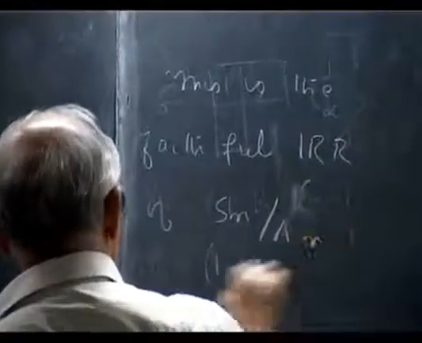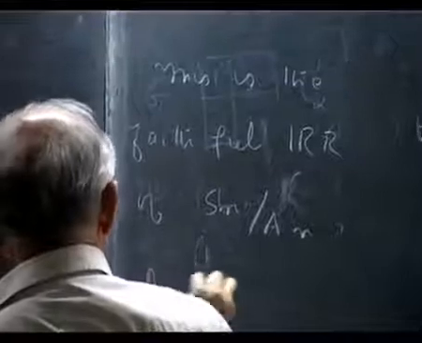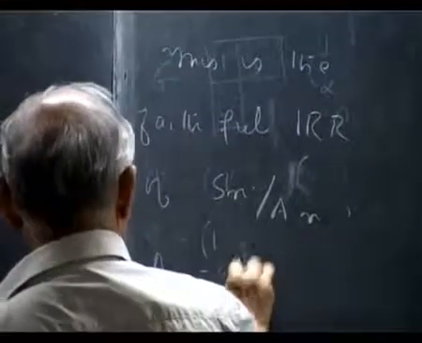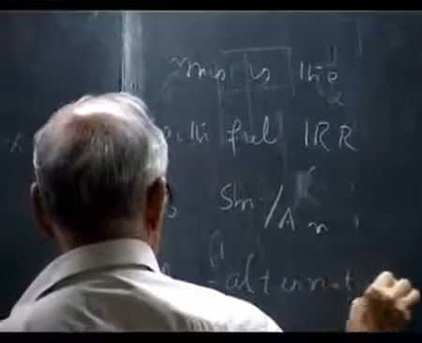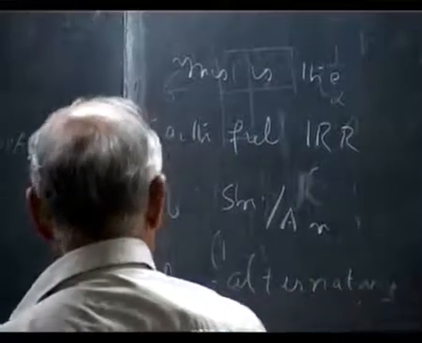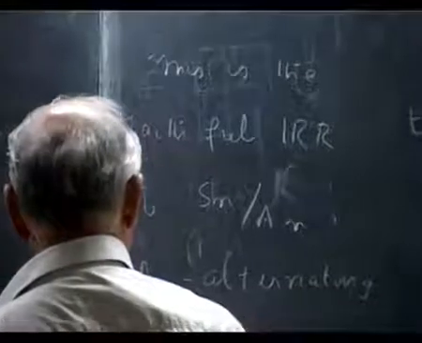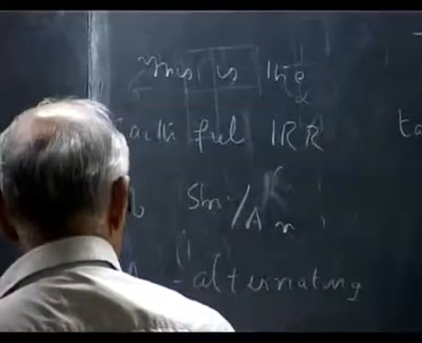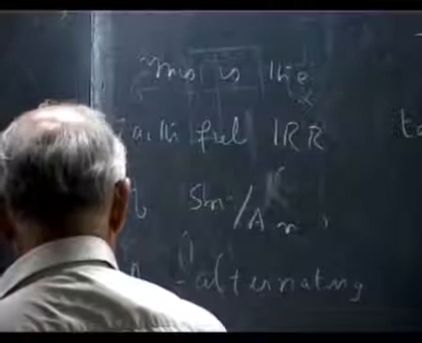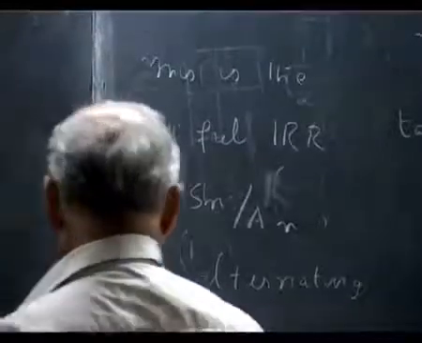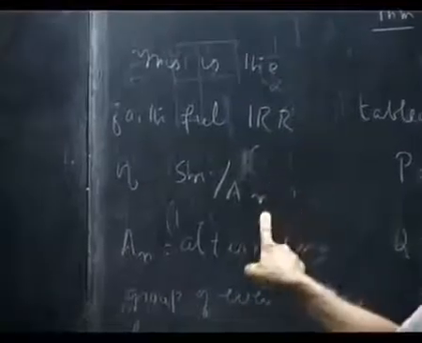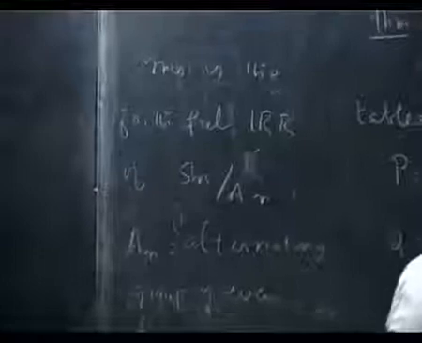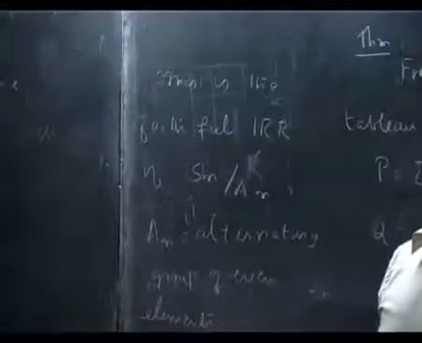An is the alternating group of even elements, right? We have seen that the even elements in Sn form an invariant subgroup, and the factor group is Z2.